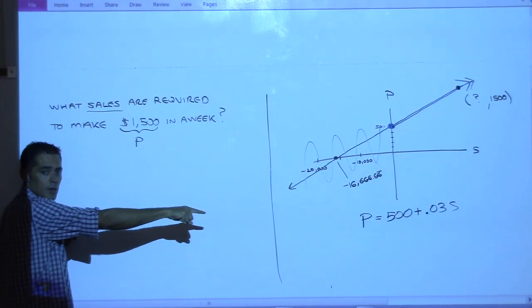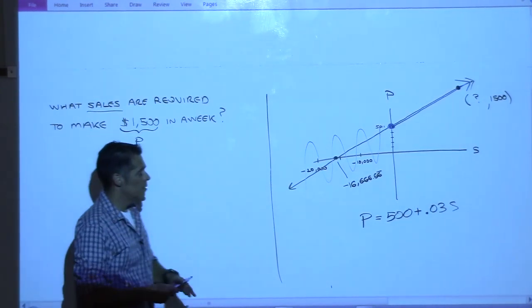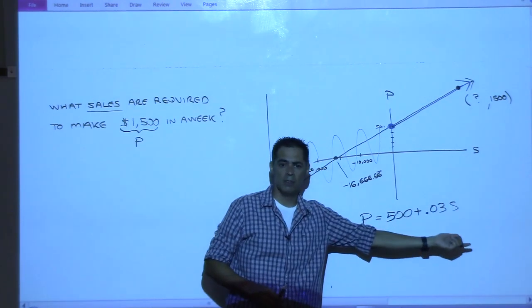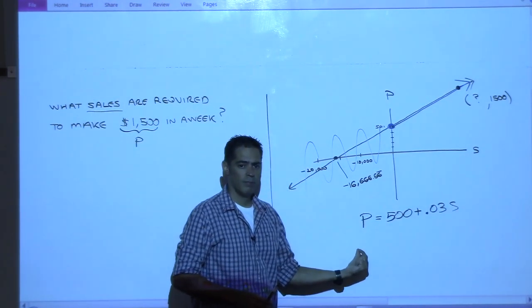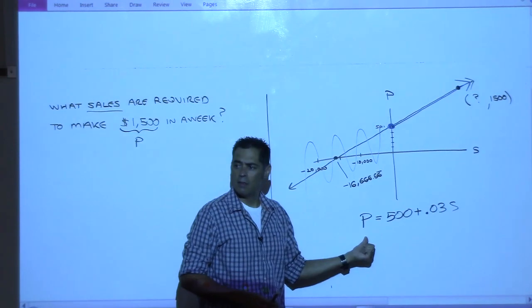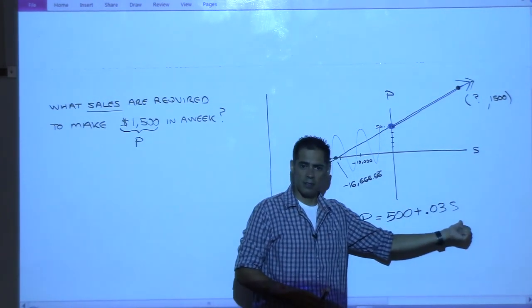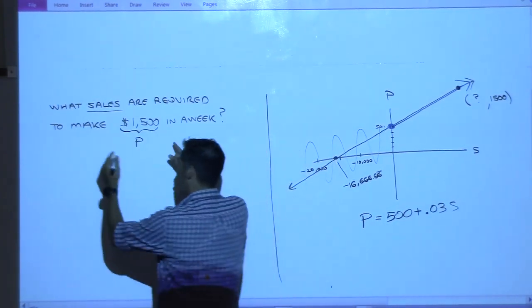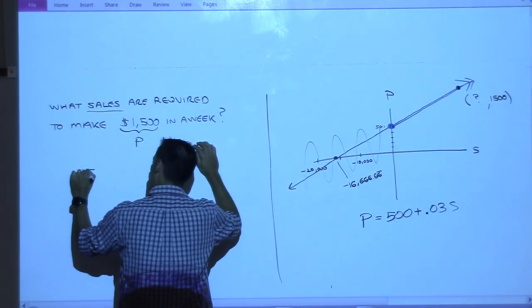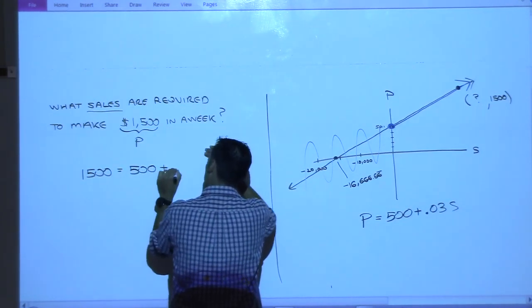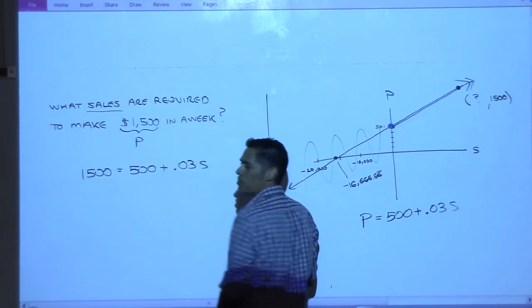Replace which letter with 1,500? The P. If we do that, then the only thing left is sales, or S. So now this question translates into 1,500 equals 500 plus 0.03S. And now we solve for S.